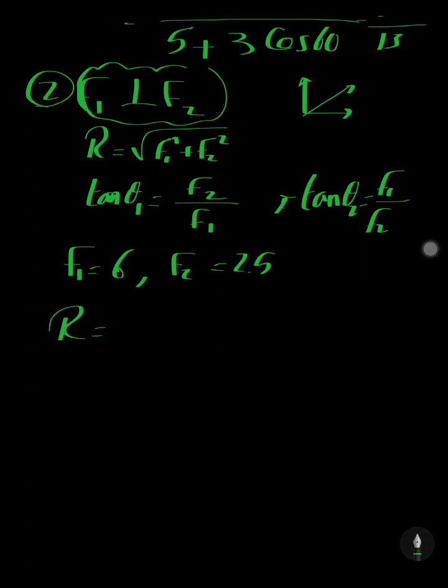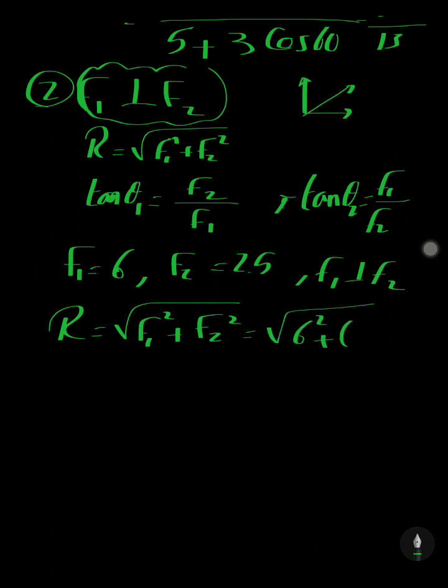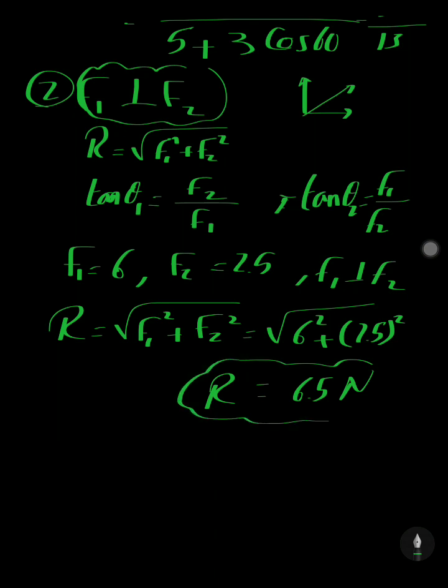To find the magnitude, since the two forces are perpendicular, we use Pythagoras: F1 power 2 plus F2 power 2. 6 power 2 plus 2.5 power 2. The result will be 6.5 Newton. That is the magnitude of the resultant.